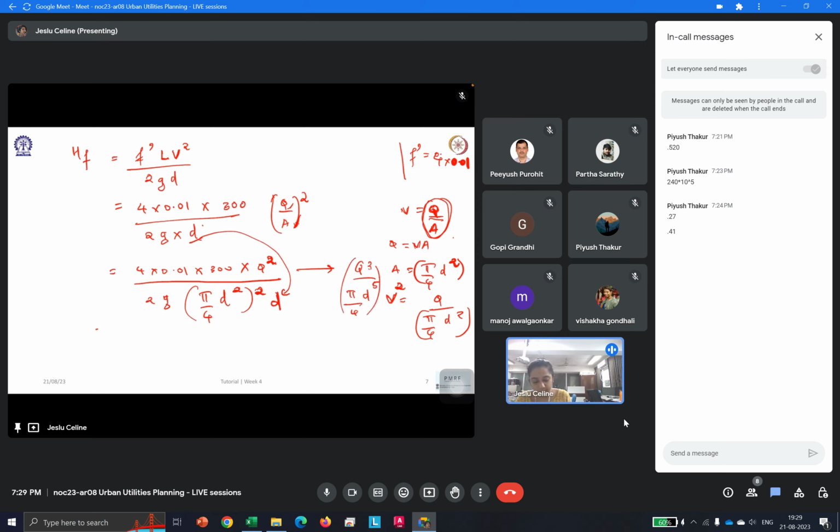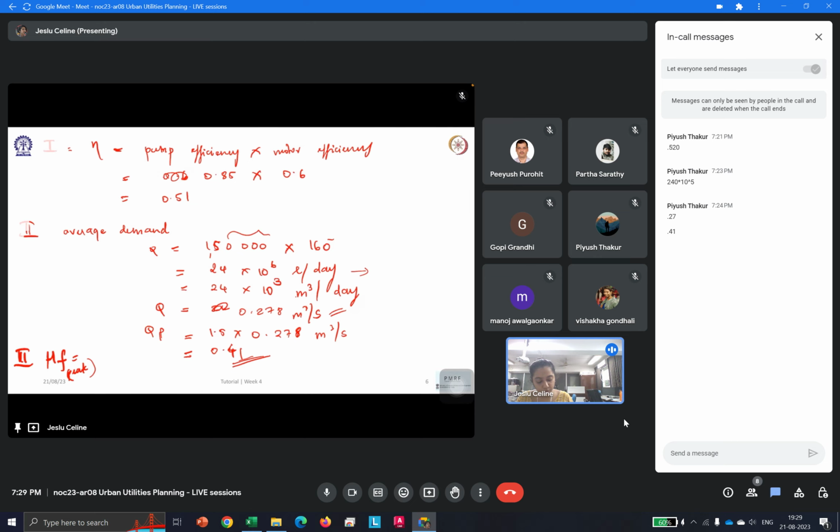So now let's substitute the values again. 4 into 0.01 into 300 into Q, which we found over here as our peak value, 0.41.